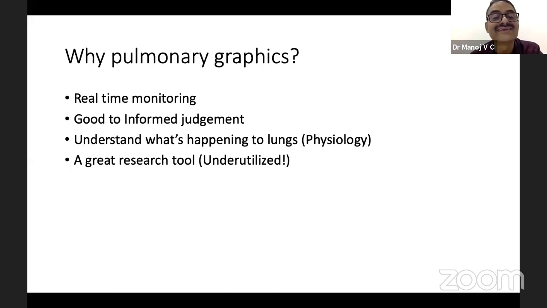It's a great research tool. Only legends like Martin Kessler do research on this. If you review the literature, the original research on pulmonary graphics is not much. So it's a good research tool.